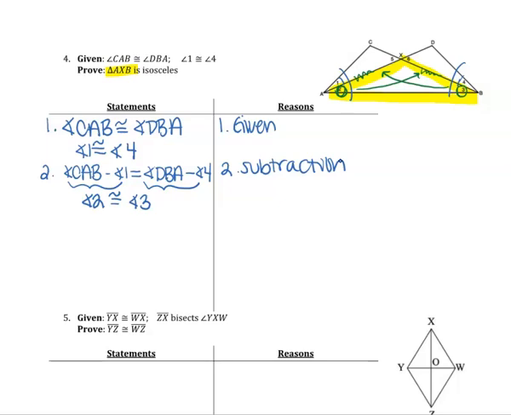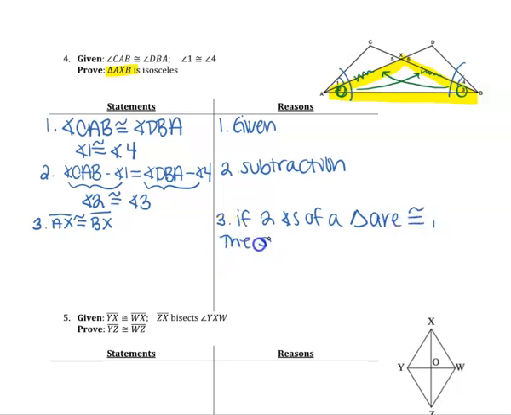Okay, so now that I know that 2 is congruent to 3, if 2 angles of a triangle are congruent, the sides opposite will be congruent. So at step 3, I can say AX is congruent to BX because if 2 angles of a triangle are congruent, the sides opposite them are congruent.